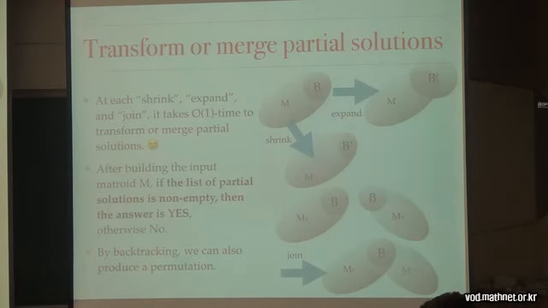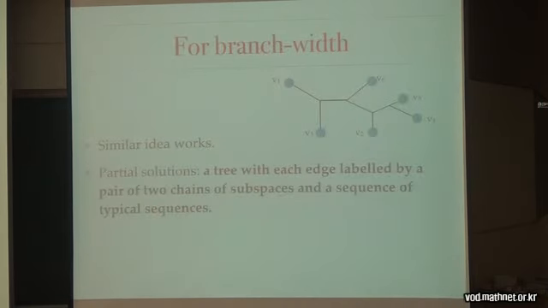And if you backtrack every process, you can also construct the permutation in the same running time. So this is the whole picture for path width. And for branch width, a similar idea works, but instead of a path with intervals, now it's a tree, right?